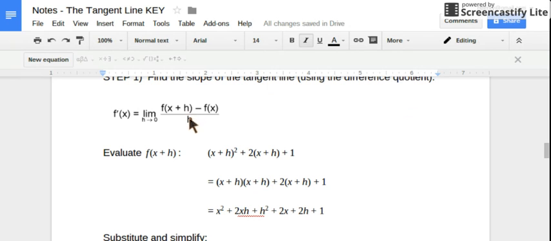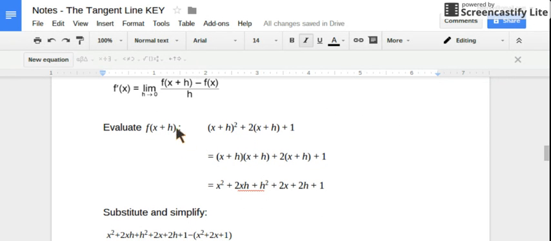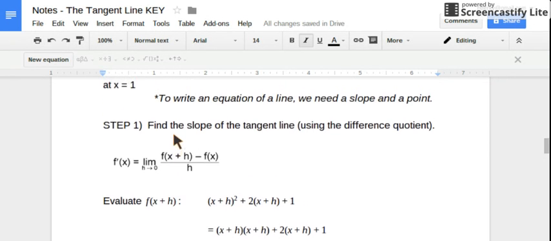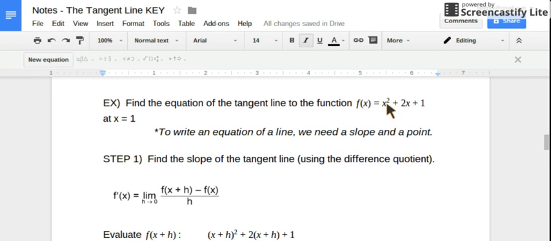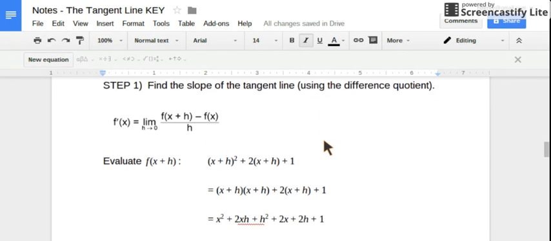So again, using that difference quotient, it's helpful if you evaluate that x plus h input first. So plugging in x plus h into this function means I'm plugging x plus h into this input and x plus h into this input and evaluating.